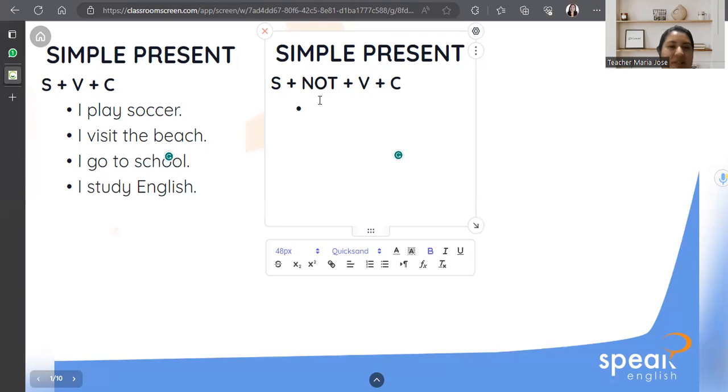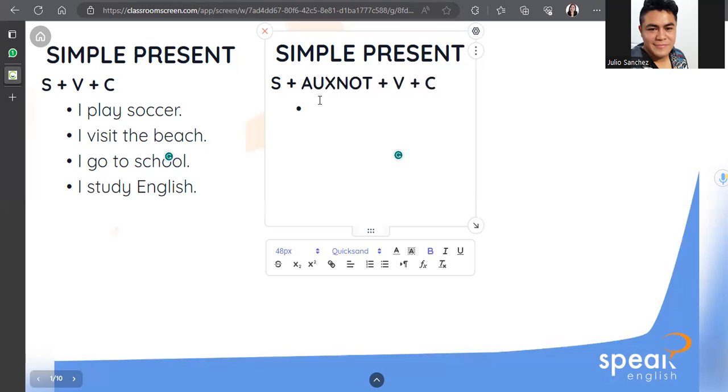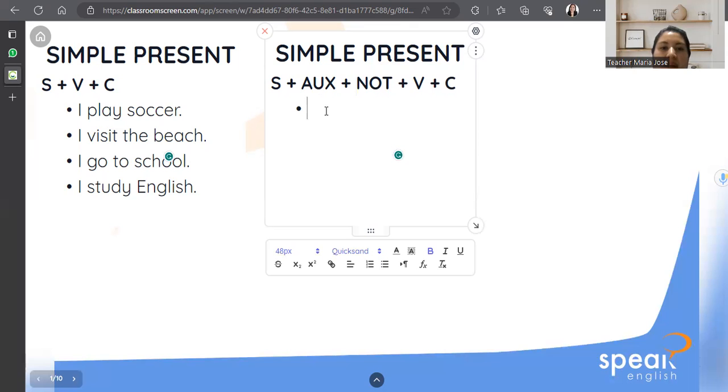So again, subject plus auxiliary plus not plus verb plus complement. Excellent. Very good. Okay, so we have the auxiliary, and the auxiliary, as David was mentioning, can be do or does. All right, let's continue. Alejandra, can you give me one example, please?